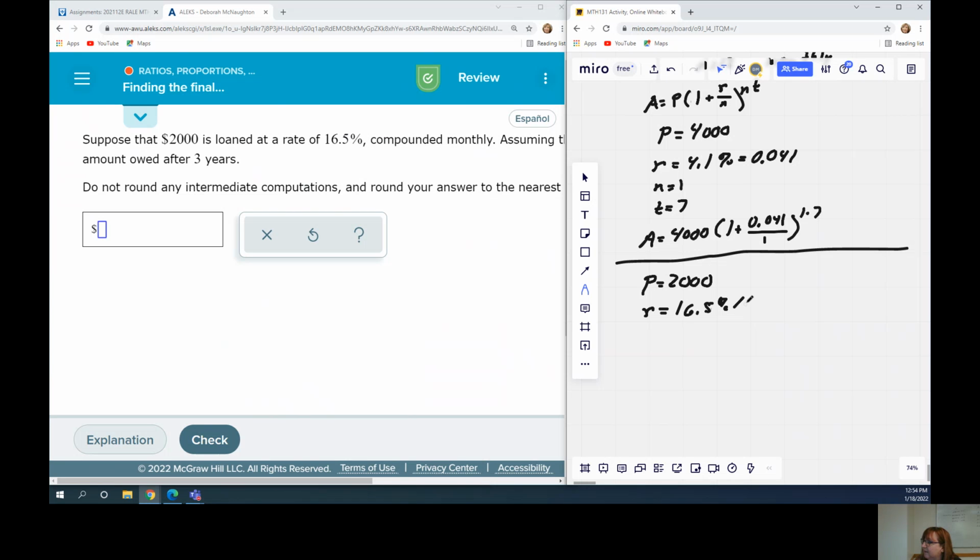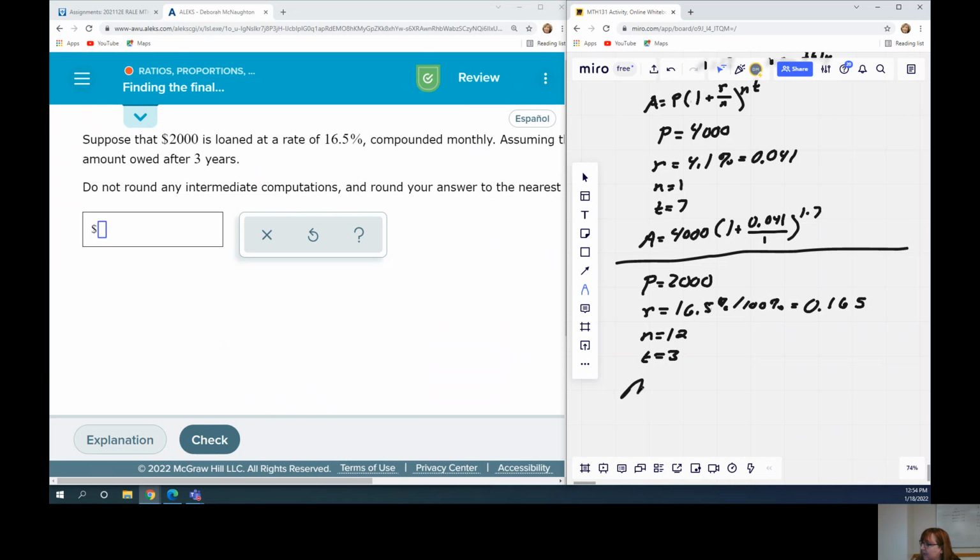We're going to divide 16.5% by 100% to get 0.165. And it is compounded monthly. That means that N is 12. And it wants to know the amount after T equals 3 years.